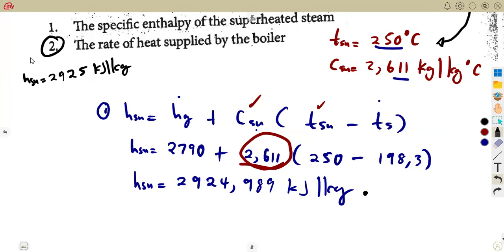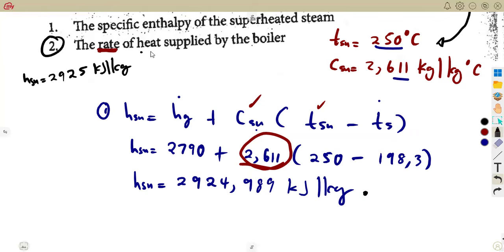Number 2, the rate of heat supplied by the boiler. They are very, very clever in asking you these questions. The moment you talk of this rate, there must be per given time, per second.